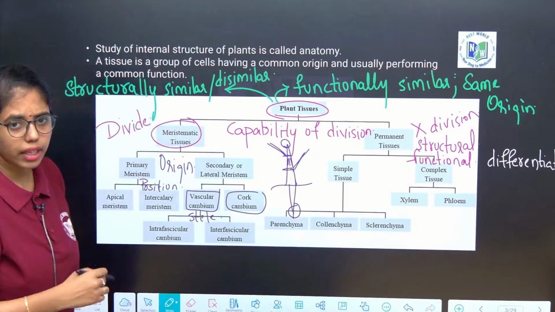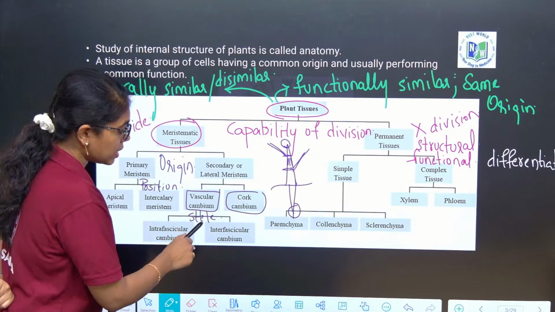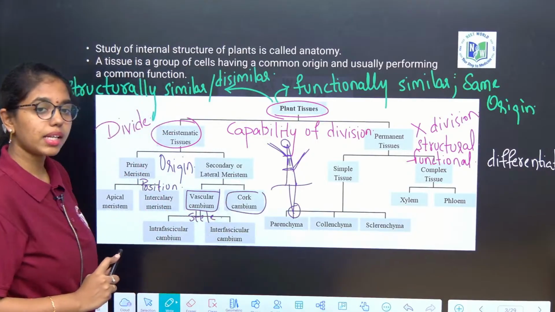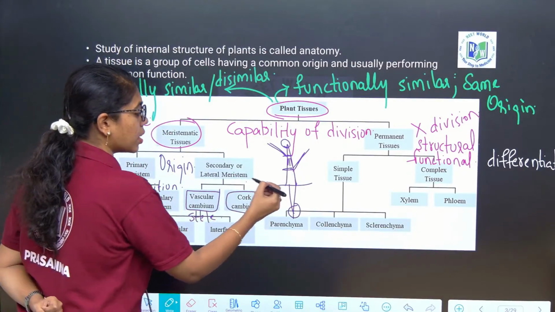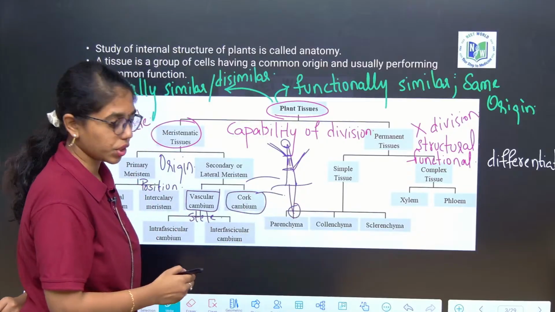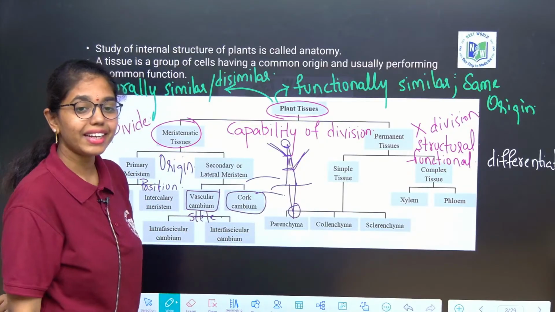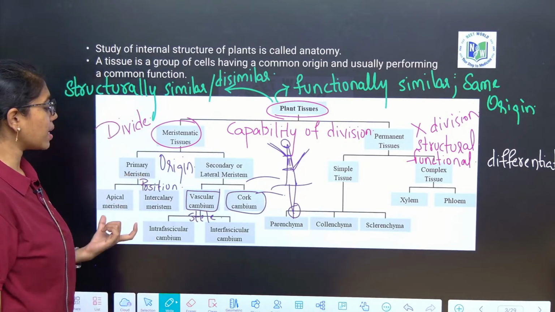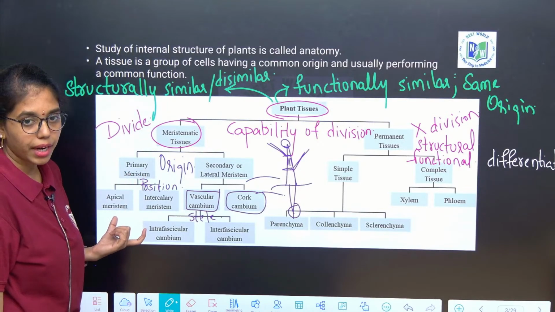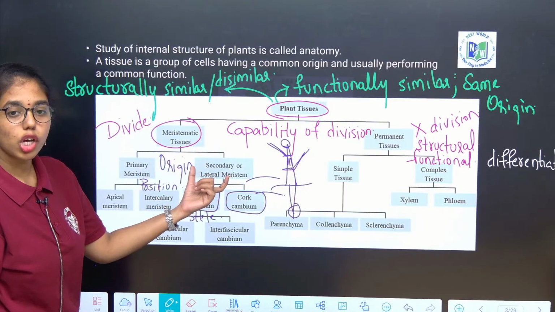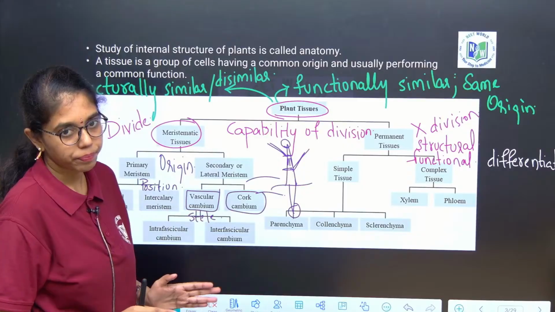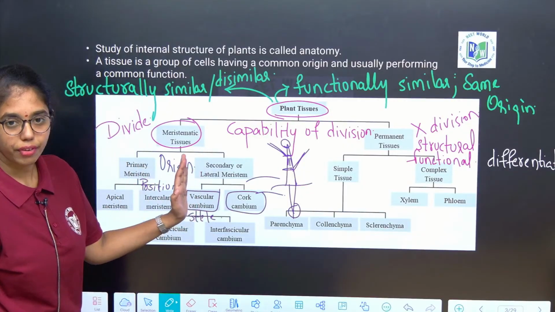I will explain clearly what the stele region is. Whereas cork cambium is present in the cortex region. Both of them aid in secondary growth. The primary meristems will build up the primary plant body. Secondary or lateral meristems will increase the girth of the plant body. Understood these two?